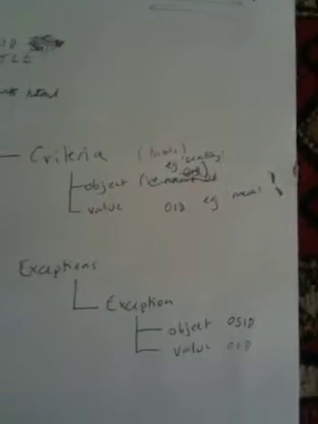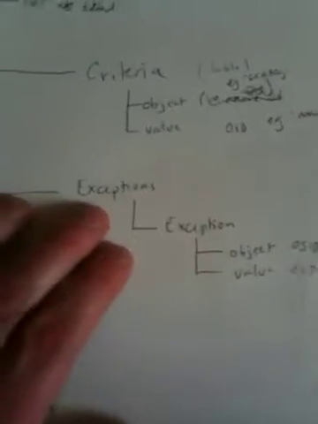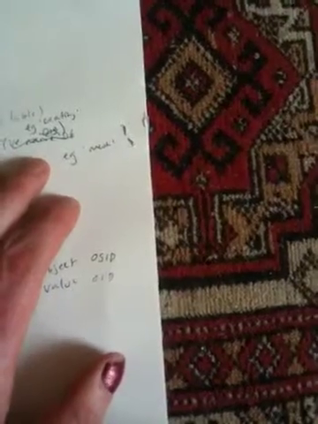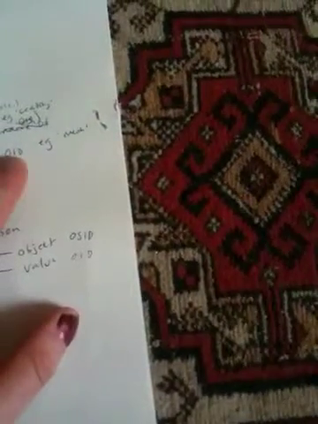Now the criteria, this is where you say you can have this if you don't have that, or this is where we set out the rules, and this is where we set out the exceptions, and that will relate to the object, which will be the OPID, the option set ID, OSID, and the value will be the OID, and the same for the exceptions.